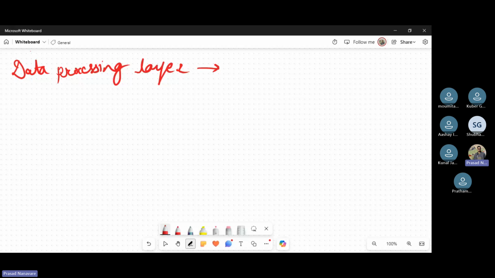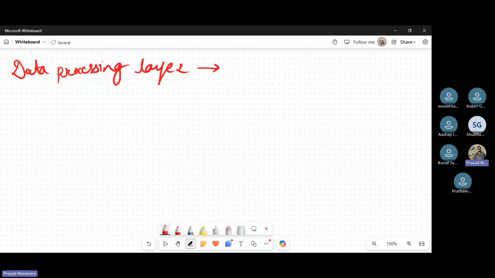The name is data processing layer, which means definitely it must be doing something with data, right? It's processing it. It refers to mostly software and hardware components that are responsible for collecting, analyzing, and interpreting the data from IoT devices.